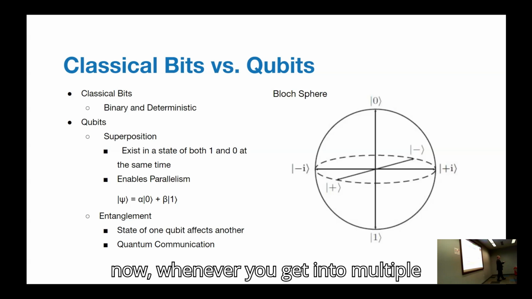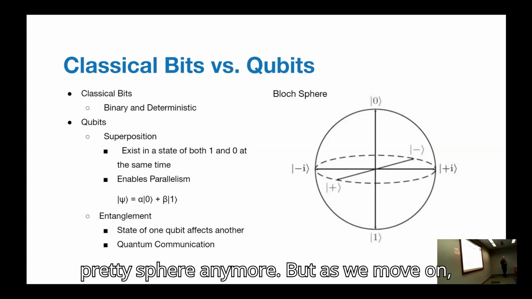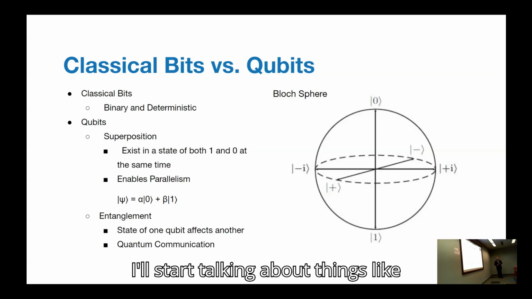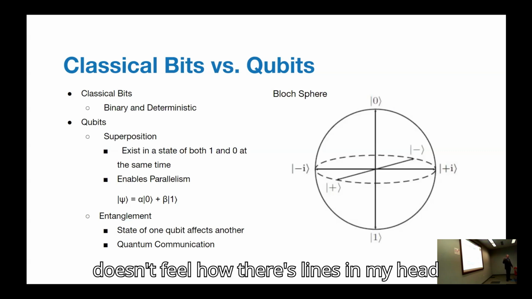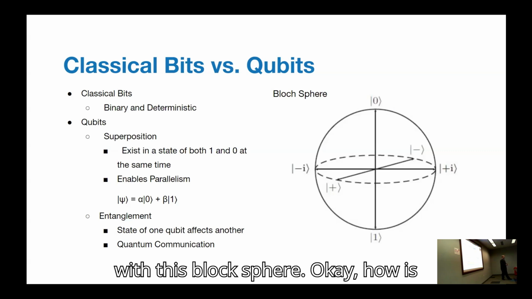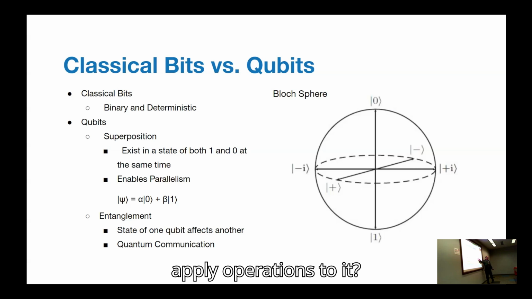Whenever you get into multiple qubits, we don't get to have this nice, pretty sphere anymore. But as we move on, I'll start talking about things like phase and amplitude, and how I visualize it in my head with this Bloch sphere: how is my point on the sphere moving as I apply operations to it?